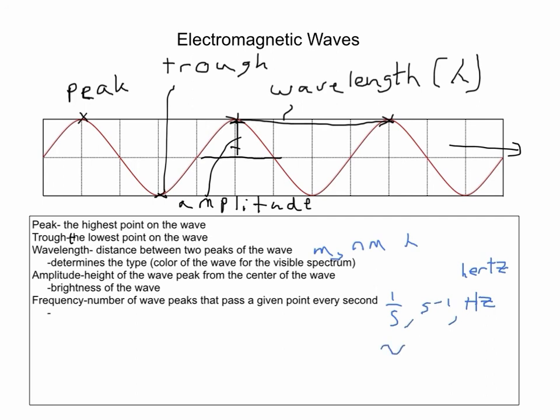And frequency tells us the energy of the wave. The higher the frequency, the higher the energy. So radio waves have a much lower frequency than gamma rays, because gamma rays are much higher in energy.